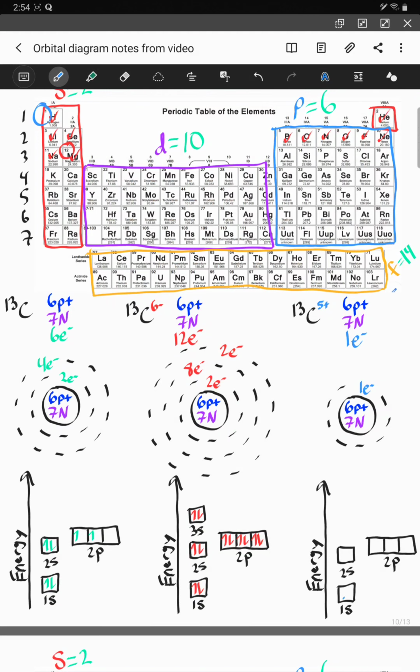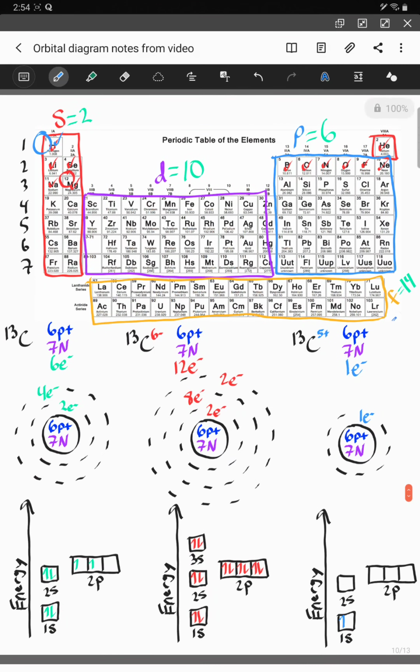So I'm just going to draw 1 arrow and check off as we go. Boom, we're already where we need to go. So there's 1 total electron, so I'm just going to draw 1 total arrow in the 1s orbital, because on my periodic table, hydrogen is in the 1s orbital.